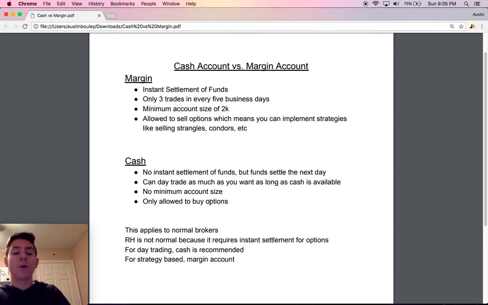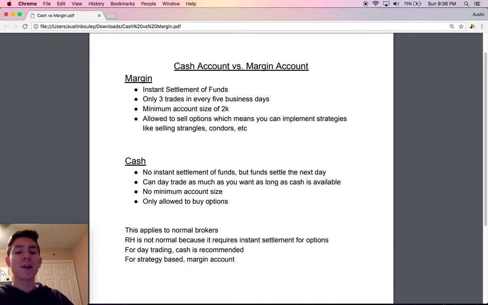If you ended the trade at 1 and you want to trade in the morning, not after 1, you use that second $500, and then at the end your other $500 opens and you can just repeat that process. But for margin, you only get those 3 trades.